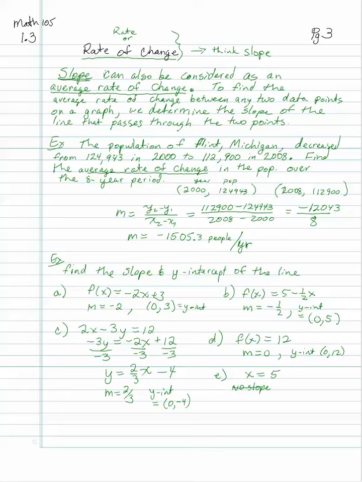Or again, we should say slope's undefined. Saying no slope is fine, but I just don't want to confuse you too much. And the y-intercept, well, there's no y-intercept. And that's not a function either.